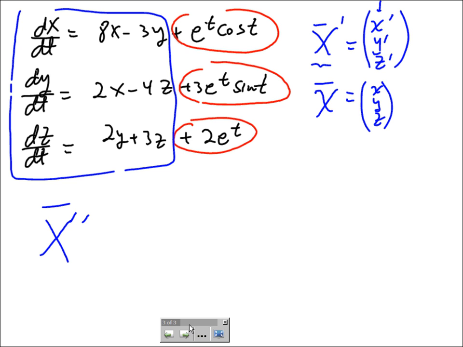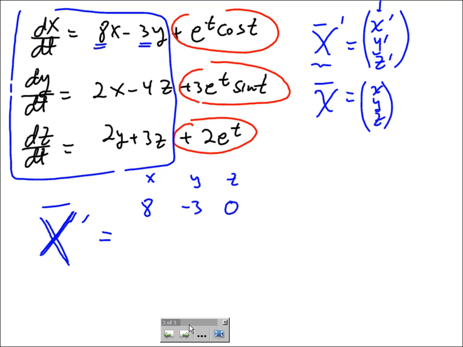It doesn't have anything to do with x. So I want to write x prime is equal to some matrix times x. Well, there are 3 columns: column x, column y, column z. We have 8 x's, negative 3 y's, but no z's. That's x prime.